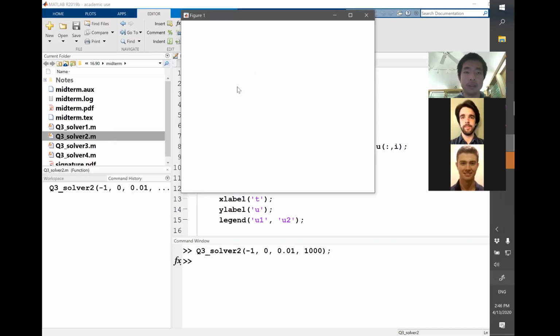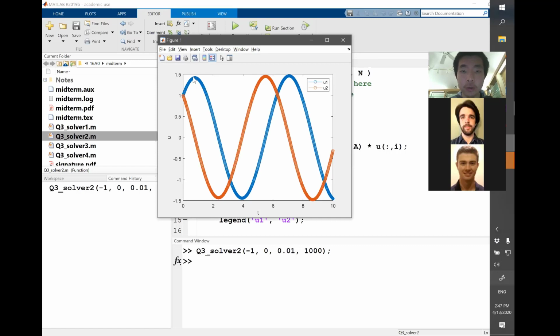Okay, the solution is popping up. Right, when you run the solver, you're going to see the solution actually increases slightly, right? If you compare the blue peak with the blue peak over here, it's increasing just ever so slightly. This is because we have chosen a pretty small time step.